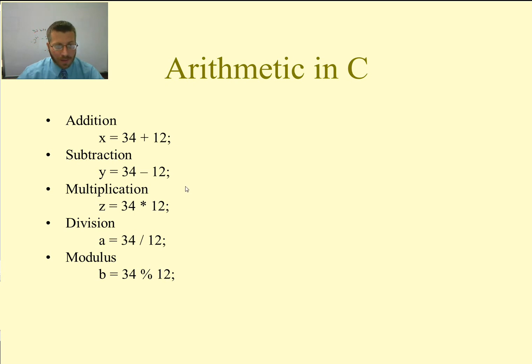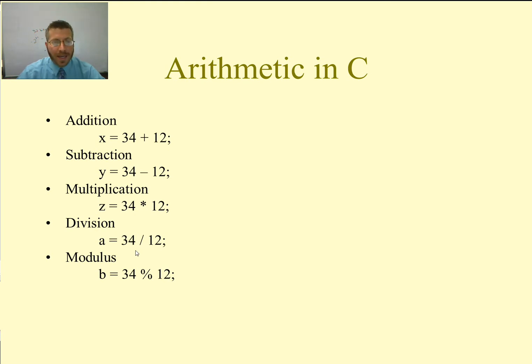We don't have that problem with addition, subtraction, or multiplication, because when we have an integer added to an integer, we're going to get an integer anyway. Same with subtraction, same with multiplication. The only time that we have to worry about is with division. If you're doing division with integer values, which are short, int, or long, you're only going to get the whole number part.